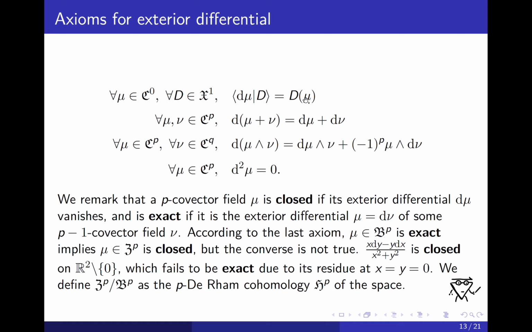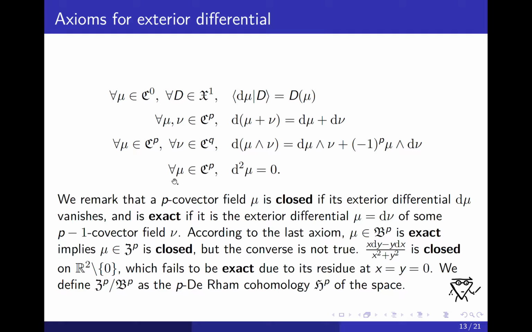And the result, we assume that it is the directional derivative of mu along D. For all p covector fields mu, nu, they are of the same order, so we can add them in terms of the coefficients. So we would like to require that this is linear.